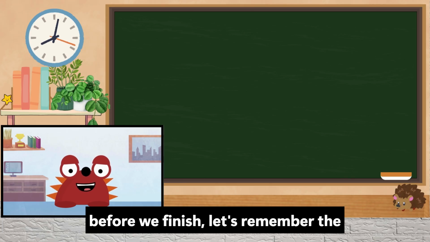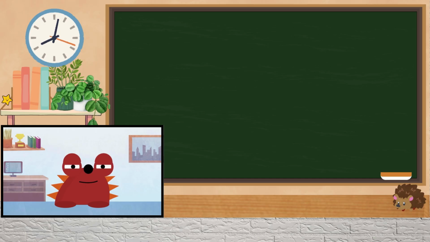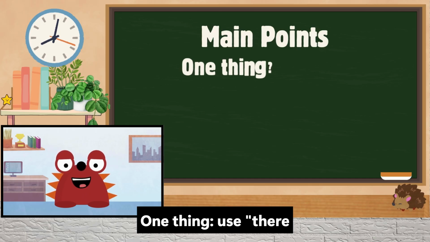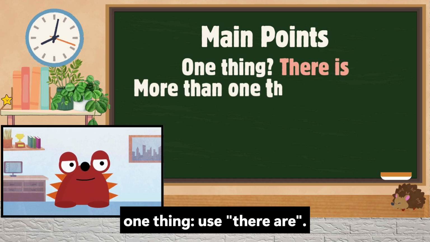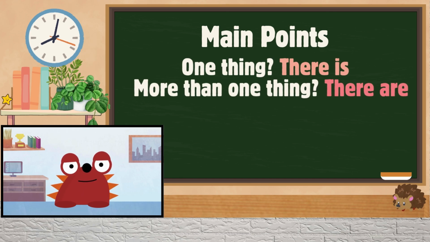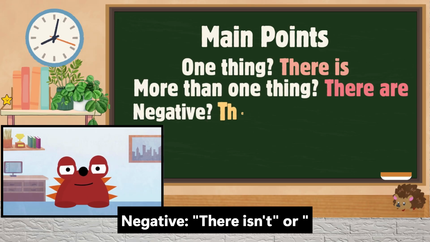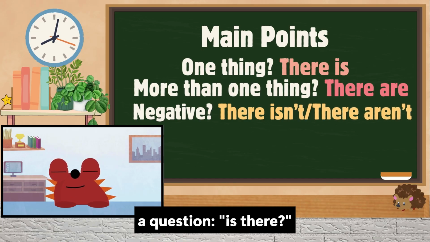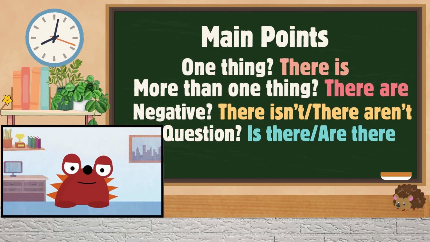Now, before we finish, let's remember the main points from today. One thing, use there is. More than one thing, use there are. A negative, there isn't or there aren't. For a question, is there or are there?